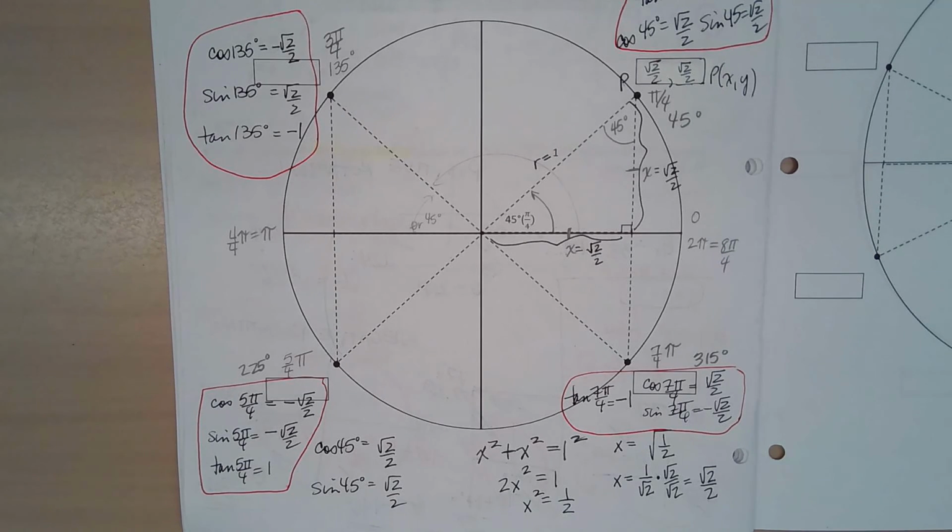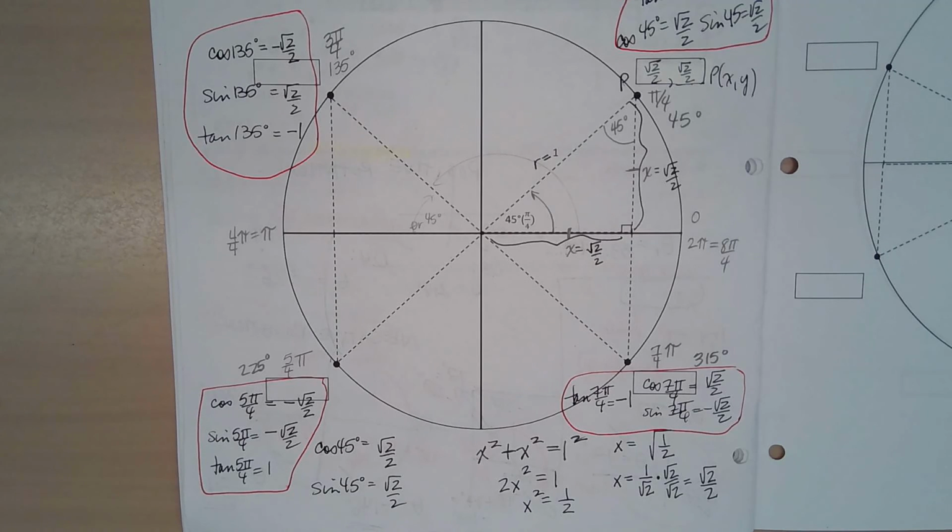Oh yeah, that's my family of 45s. That's my reference angle. So in quadrant 1, that will be my answer. And in quadrant 2, it's going to be 45 away from 180, so that'll be 135. You've solved your trig equation, all in your head. That's where we're headed.